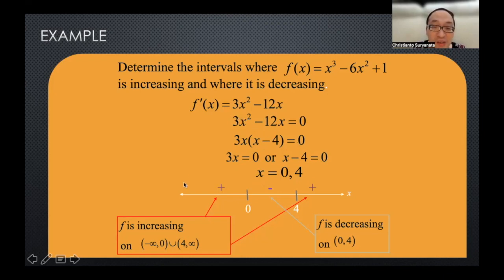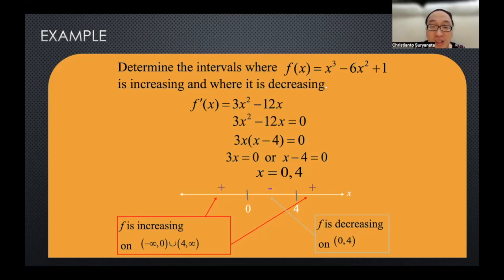If we draw a number line, I put 0 and 4 here, and then do the sign check. For any value smaller than 0, for example negative 1: 3 times negative 1 is negative 3, and negative 1 minus 4 is negative 5.